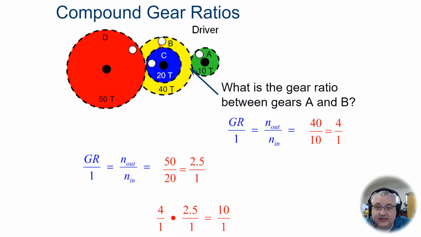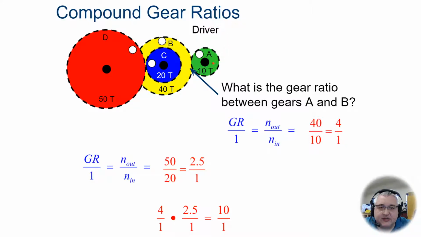A is connected to B, and C is connected to D. The gear teeth mesh between C and D, and the gear teeth mesh between A and B. So if we look at just the gear ratio between A and B, we can calculate that out. Number out divided by number in. So we're starting here.